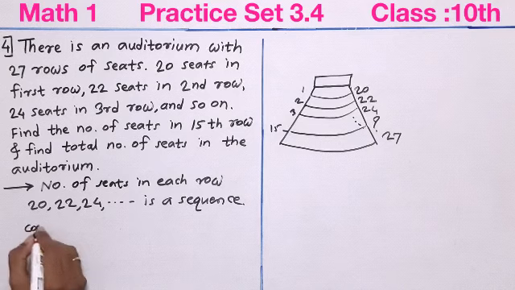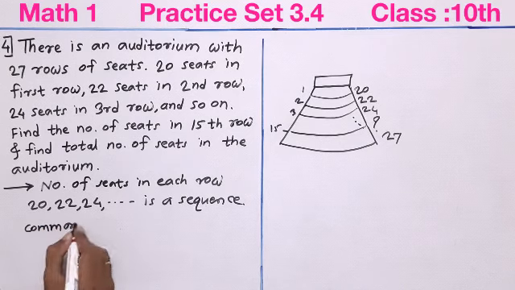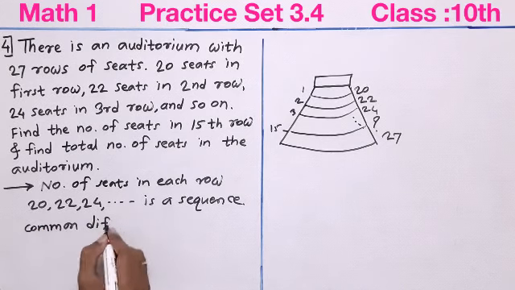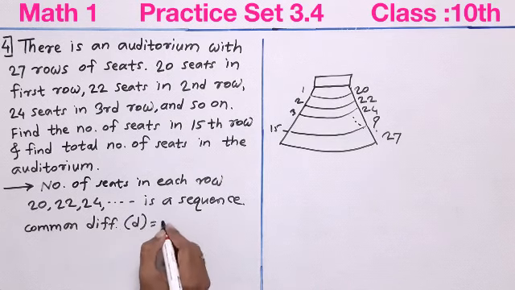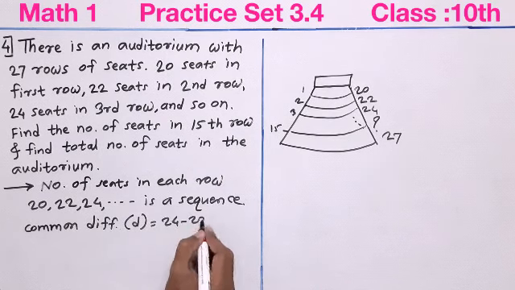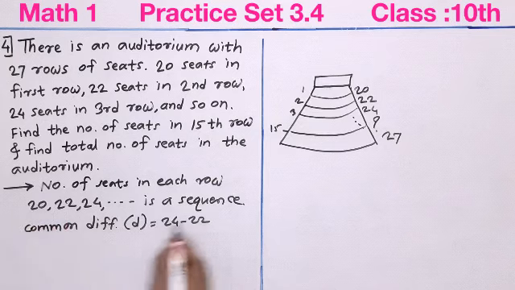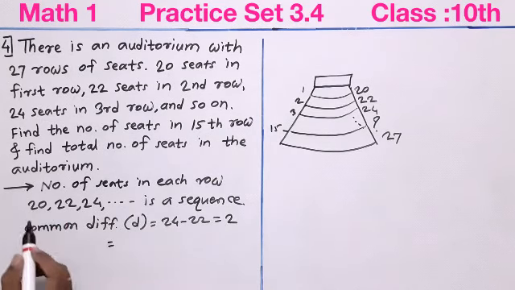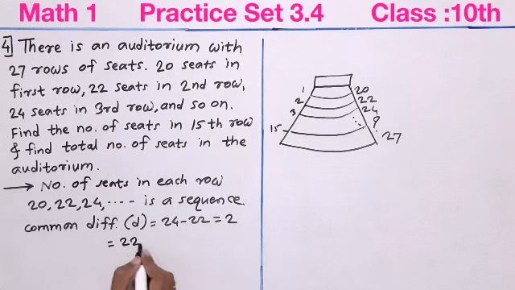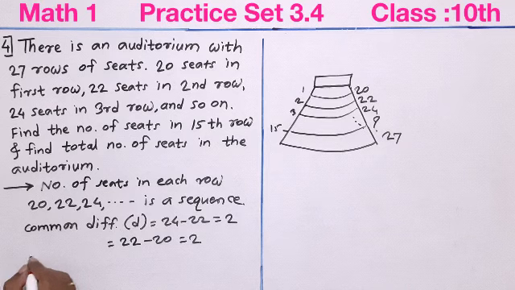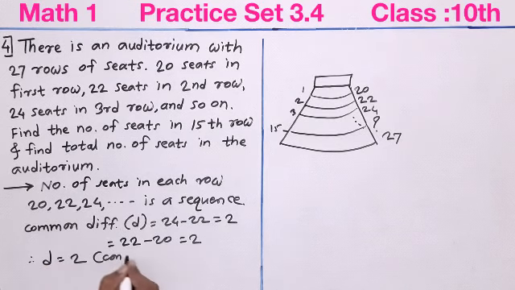If we find the common difference D between these terms, we can see that 24 minus 22, that is T3 minus T2, gives us 2. Again, if we subtract T1 from T2, we get 22 minus 20, which is equal to 2. So the common difference D is 2 here, which is a constant.